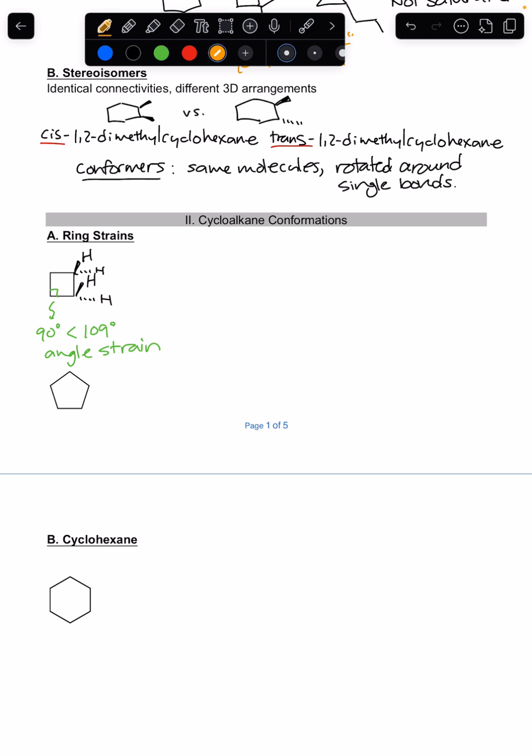Another type of strain that this would be experiencing would be the torsional strain. And remember, that's when the two bonds are eclipsed together, and because bonds are made of electrons, if they're eclipsed together, then they would experience some repulsion.